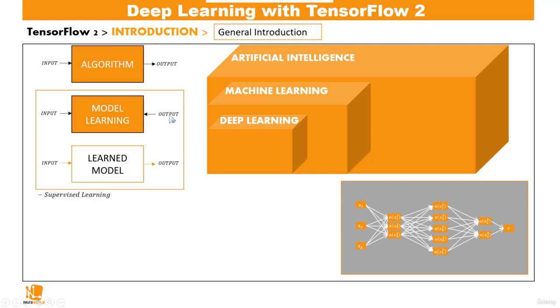A simple example could be in object detection. We could pass in input data or input images, and they have labeled outputs. So we could have an image which contains a cell phone, and then the output is labeled such that the model knows that in this image there is actually a cell phone.